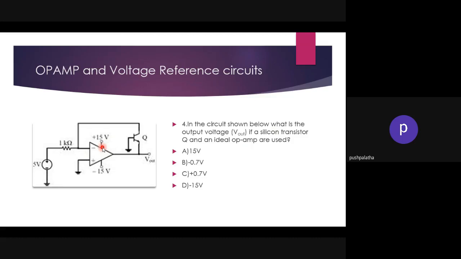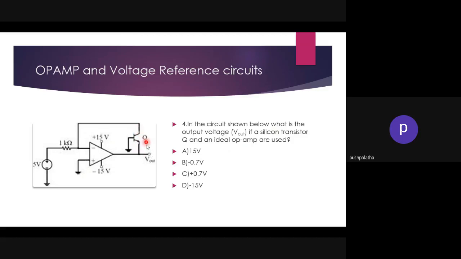Now let me start with the guess. Here the non-inverting terminal is grounded, so it is 0 voltage. This is also virtual ground, which is 0 volt. Now it is connected to the collector, so VC equals 0. When VC equals 0, the output is VE only, which we need to find out.